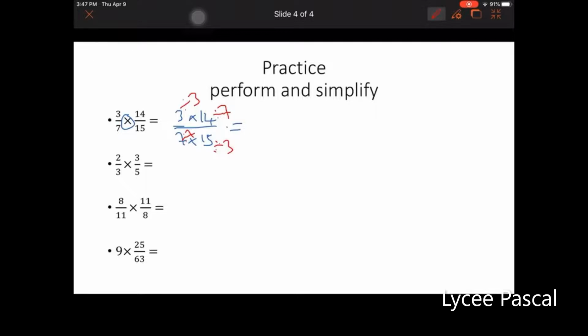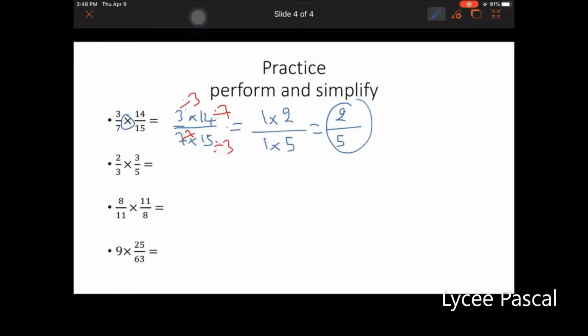So our fraction becomes 3 divided by 3 in the numerator, which is 1, times 14 divided by 7, which is 2, over 7 divided by 7, which is 1, times 15 divided by 3, which is 5. And now we do the product. 1 times 2 in the numerator is 2 over 1 times 5 in the denominator, which is 5. And this is our fraction result, and this fraction is irreducible, or it is a simplified fraction.